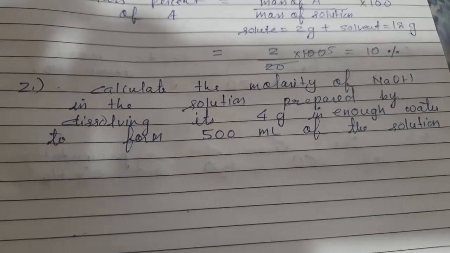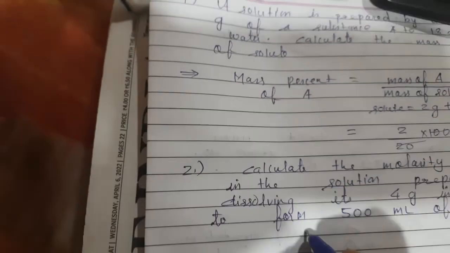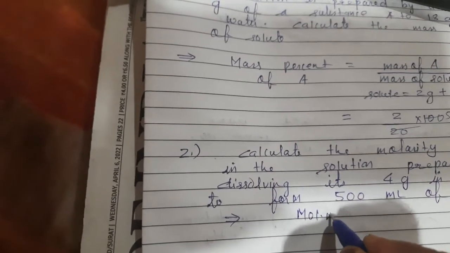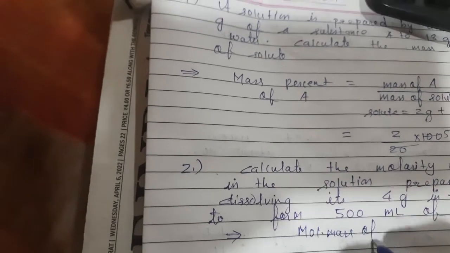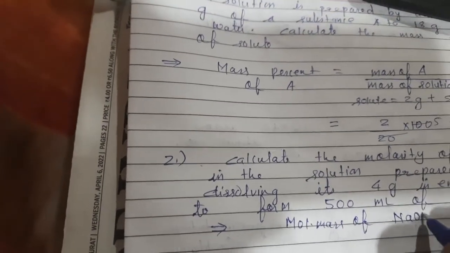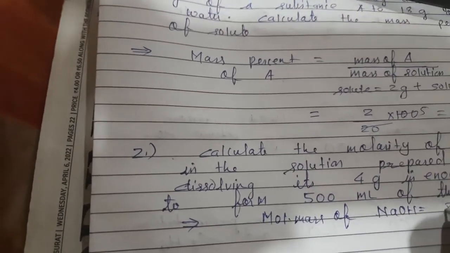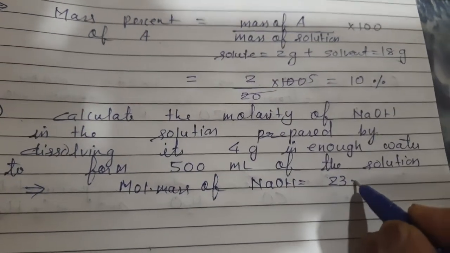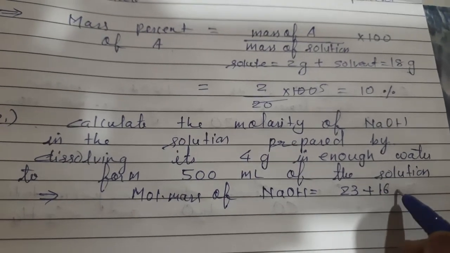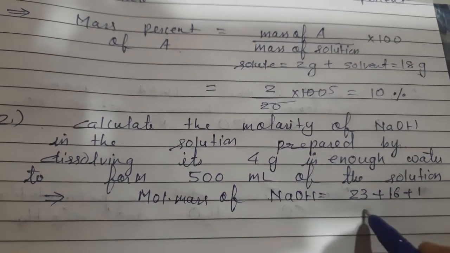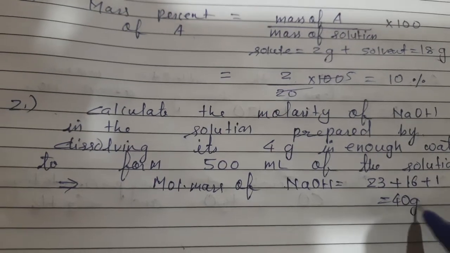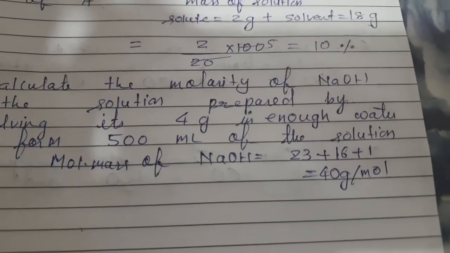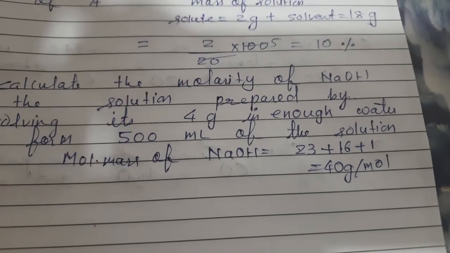Molecular mass of NaOH is equal to 23, that is sodium, plus oxygen 16 plus H 1. So it will be 40 gram per mole. Clear? 23 plus 16 plus 1 is equal to 40 gram per mole.